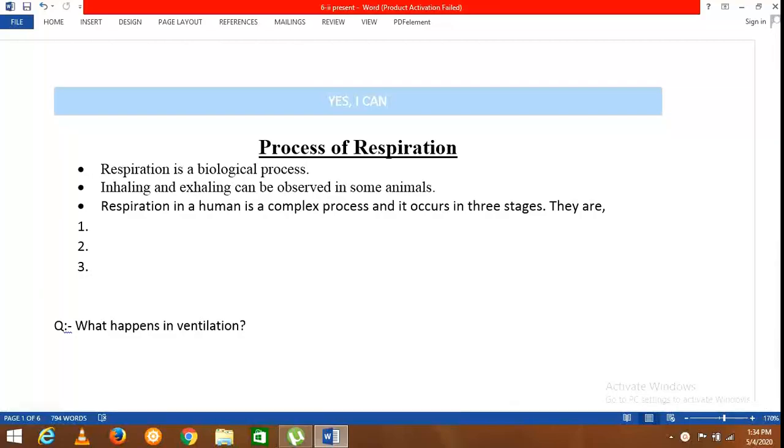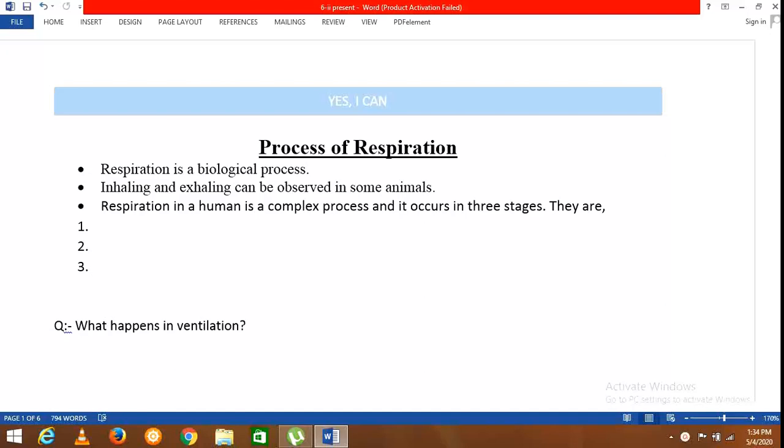Welcome to one of the most important systems in the human body, that is the respiratory system. I mentioned it like that because these days, because of the disease condition COVID-19, the respiratory system is in discussion a lot.